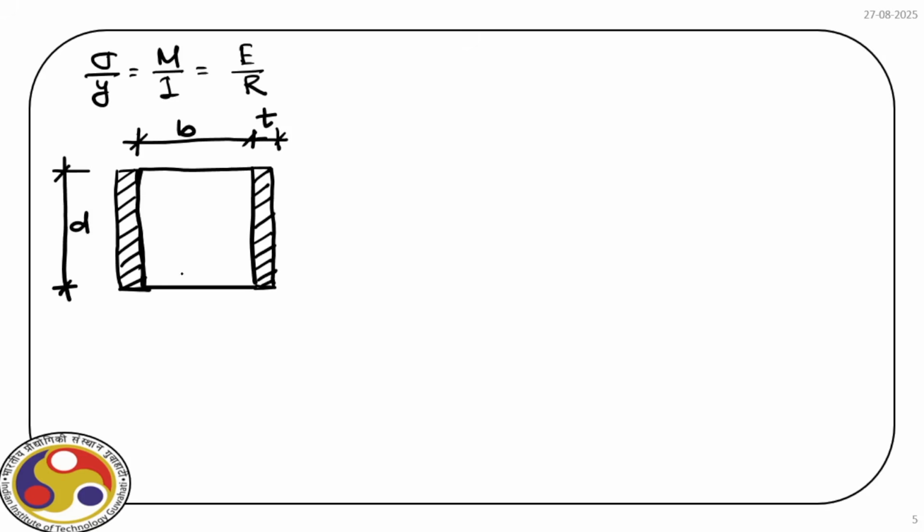Now, when you make this cross section using wood and steel, we get a combined cross section, and for that again we have to find out the bending stress distribution. Let us see how we can solve this problem.